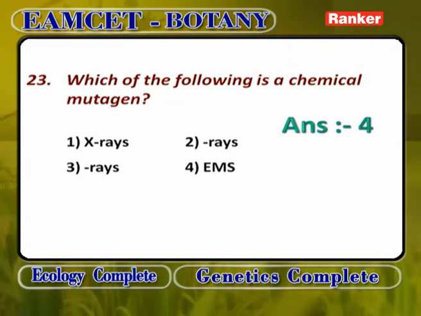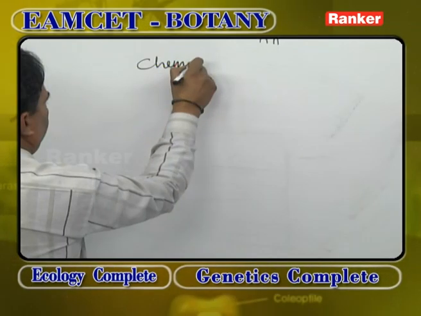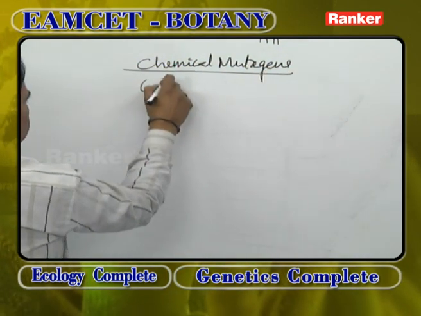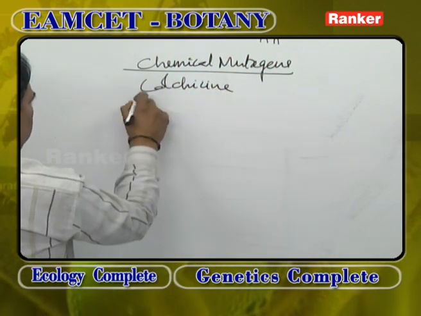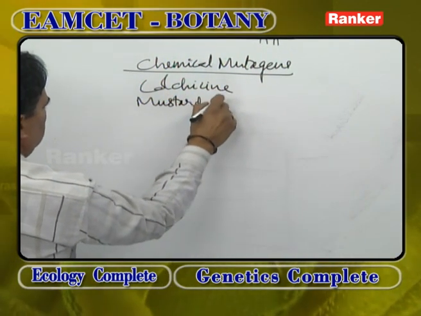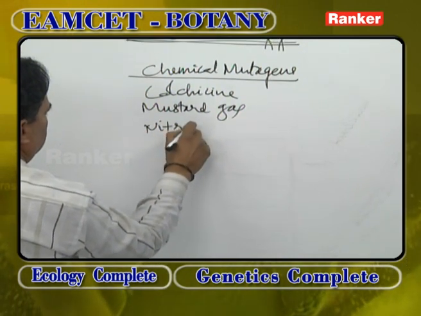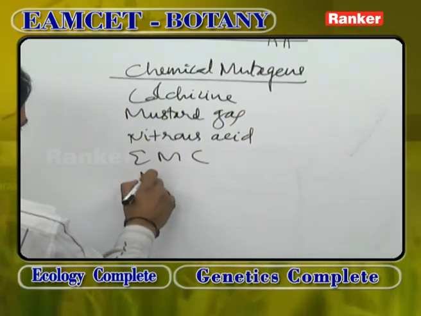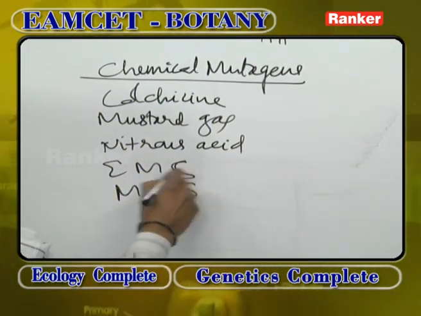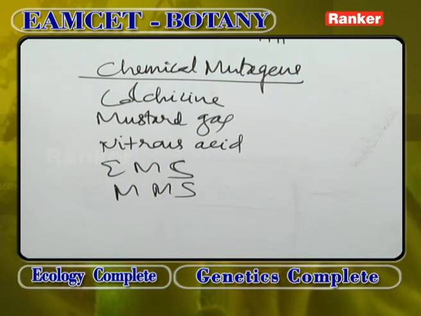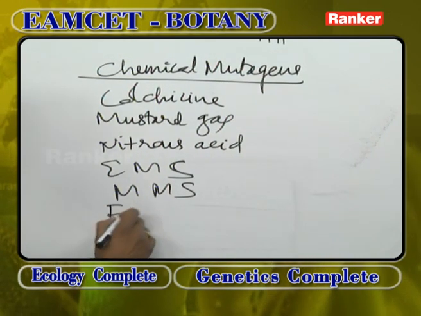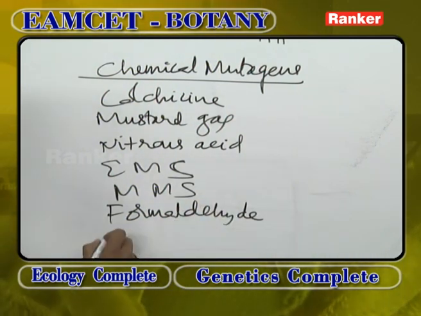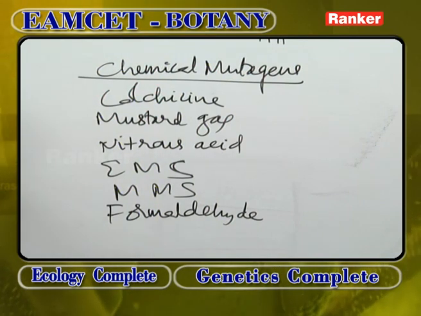Chemical mutagens that help in mutations are colchicine, mustard gas, nitrous acid, ethyl methane sulfonate (EMS), methyl methane sulfonate (MMS), and formaldehyde.